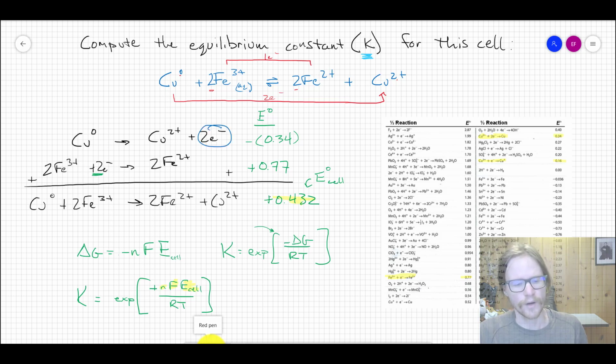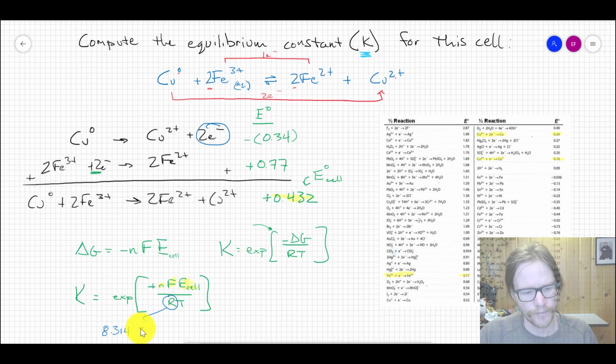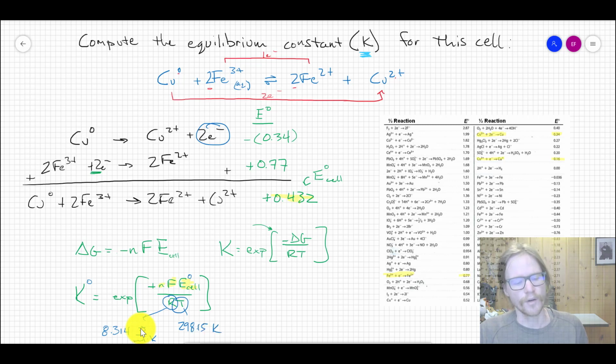And we have R. We want to be careful what R we're using for units. So this is going to be the 8.314 value, which is in units of joules per mole Kelvin, which means that our temperature needs to be in units Kelvin. This is equilibrium, so it is implied that this is standard, and this E cell is standard. So this would be 25C, which would be the same as 298.15 Kelvin.